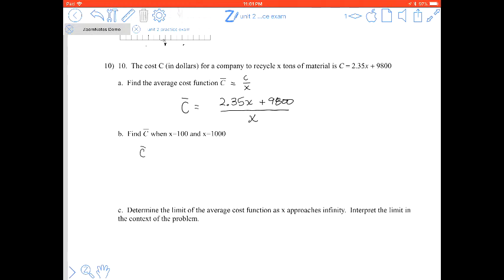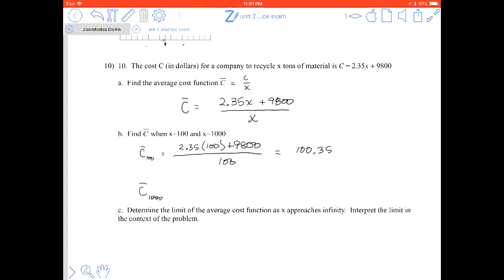The average cost when x equals 100 is 2.35 times 100 plus 9,800 over 100. If you calculate that, we get 100.35.